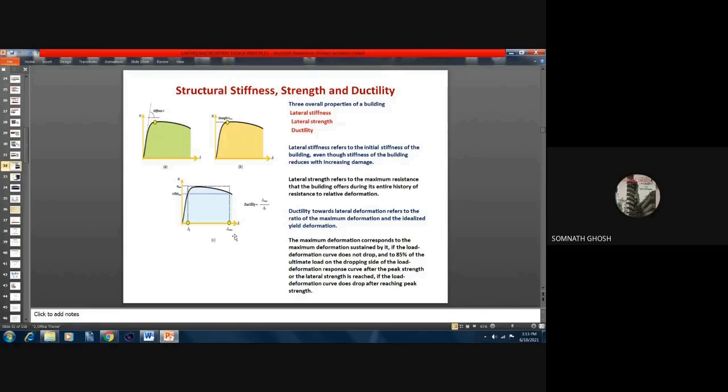Ductility towards lateral deformation refers to the idealized ratio of maximum deformation and the idealized yield deformation. The higher the ratio, the better. The maximum deformation corresponds to the maximum deformation sustained by it. There is a percentage I just quoted there; I'm not giving more emphasis to the 85% or like that. It changes with time, but it is just like that.